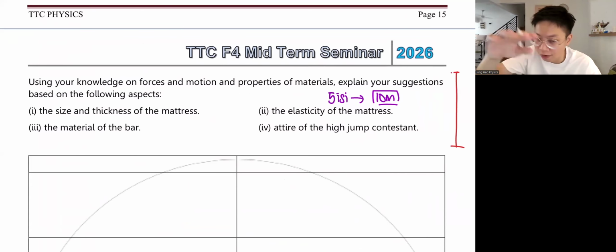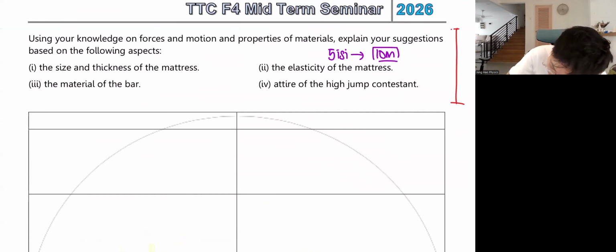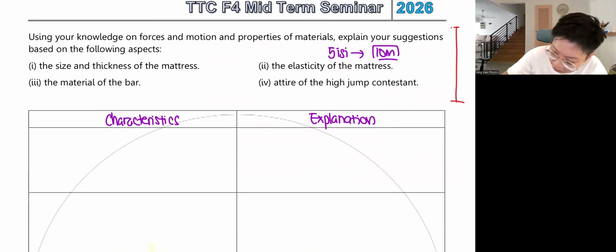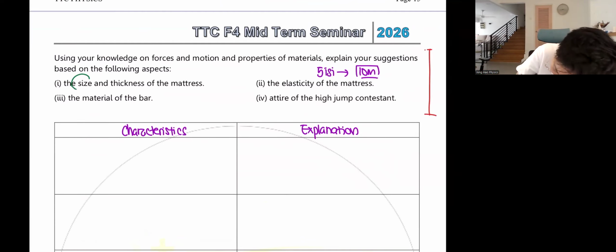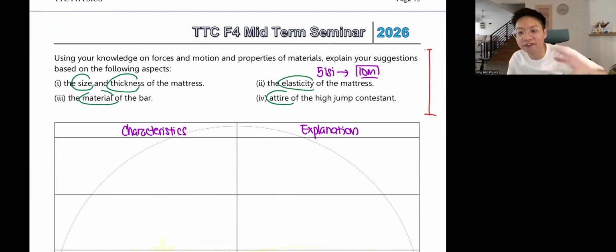There's no choice here, so you don't have to tell me at the end which one you choose. Okay, so now let's look at this one. So this is characteristics. This is going to be my explanation. So we have characteristics and explanation. First one, guys. Here we got size, thickness, material, elasticity, and attire. So I've got 5 EC.